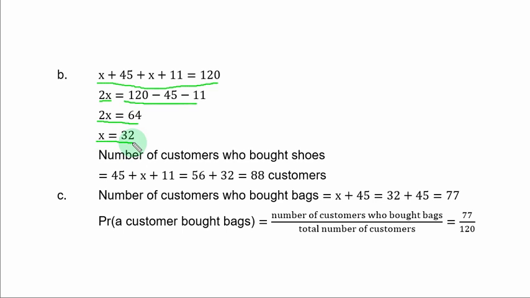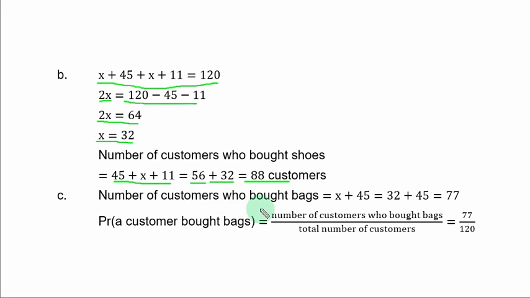Number of customers who bought shoes equals 45 plus S plus 11. 45 plus 11 is 56 plus S, which is 32. You have 88 customers. Then we have to get the number who bought bags before we can calculate the probability.